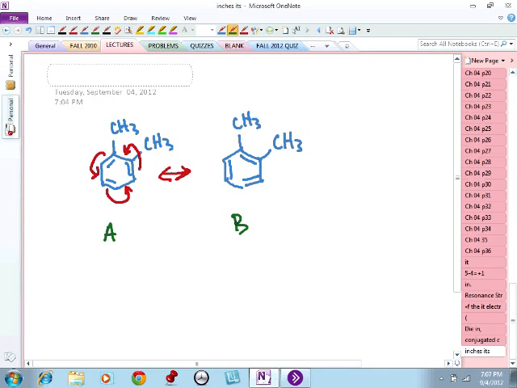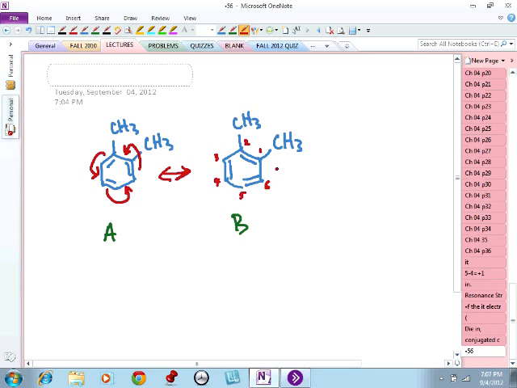Can you give me some other resonance structures of this molecule? Want me to label the carbons for you? Let's say carbon 1, 2, 3, 4, 5, and 6.